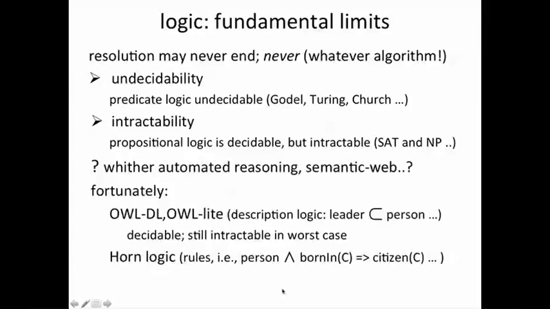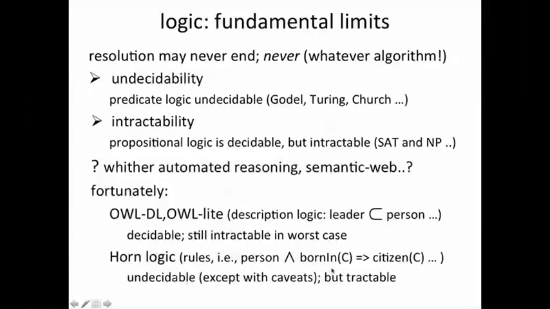If it was, say, a person is born in C, it's a citizen of C, as well as a few other things, then that's not a horn logic statement. Such statements in horn logic are tractable. They will always complete very fast, if they do. But in some situations, they may actually go on forever. There are ways of fixing horn logic, with some caveats which we won't go into in detail, to make it actually decidable and tractable.